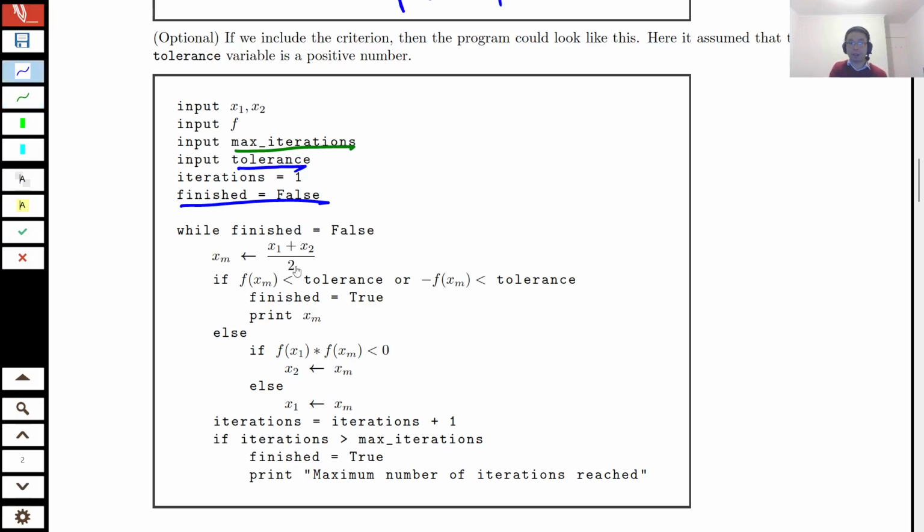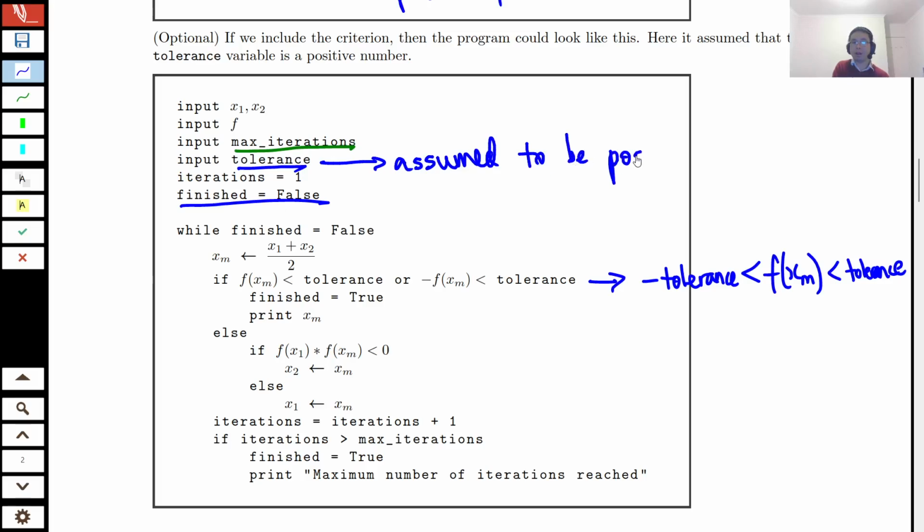So the only thing that you need to know here is this line states that negative tolerance is less than the value of the function evaluated at my estimation for the root, which is less than the positive version of my tolerance, which is assumed to be positive.